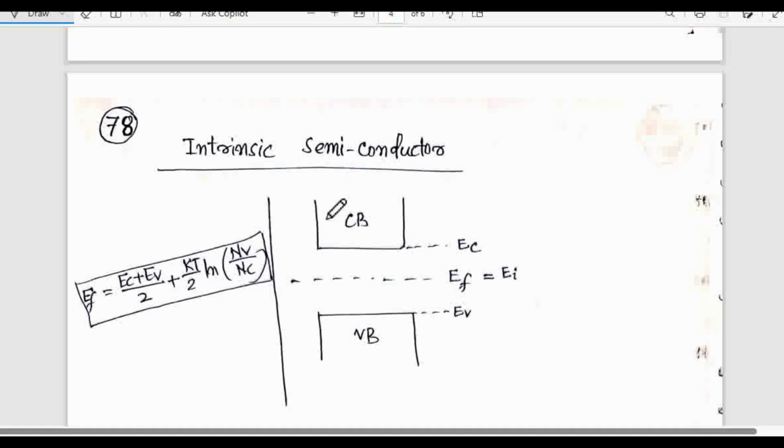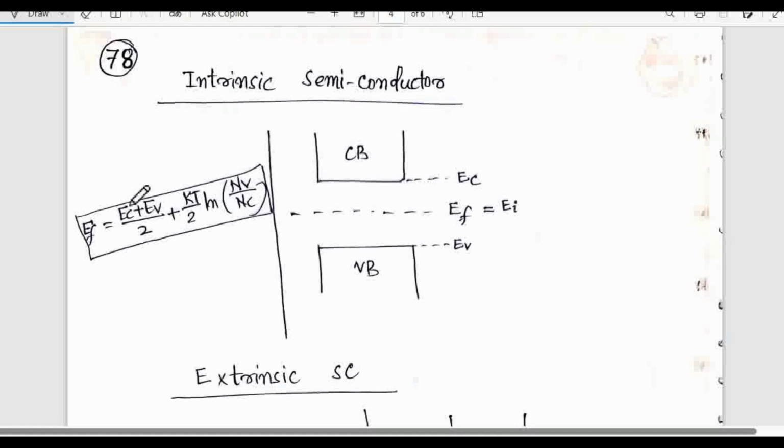For an intrinsic semiconductor, you should know the equation of the Fermi energy. From that equation you can determine the position, whether it is in between the conduction band and the valence band or any position.